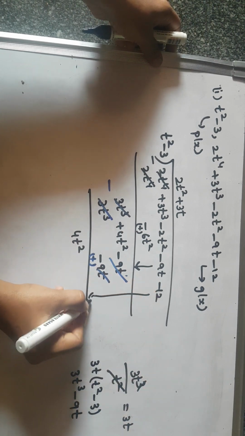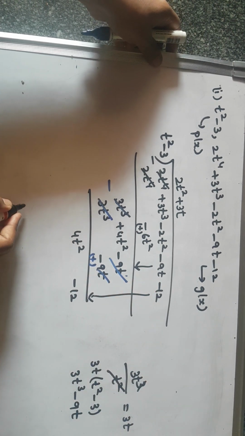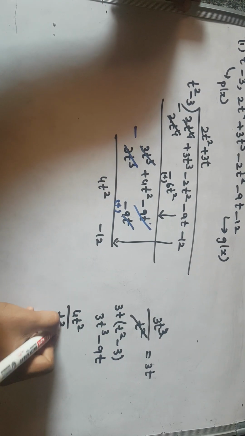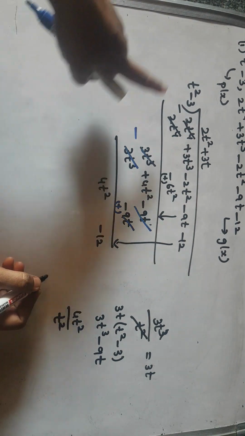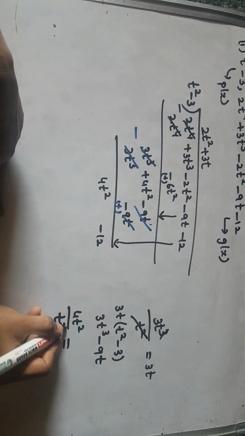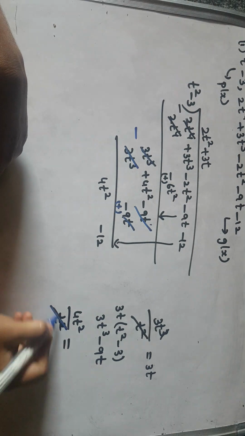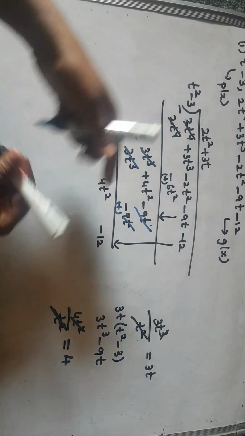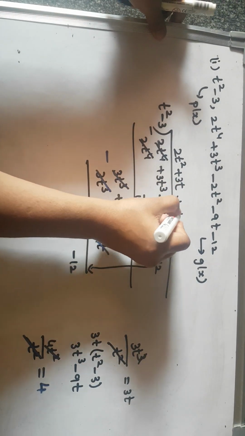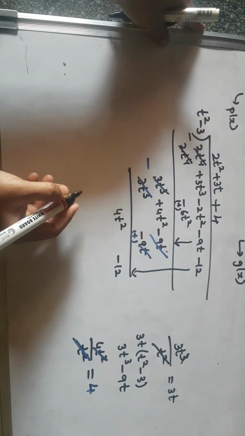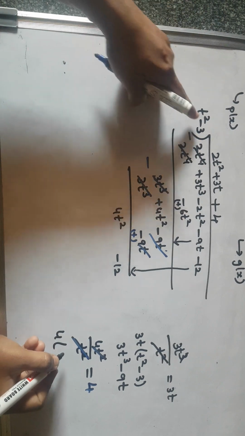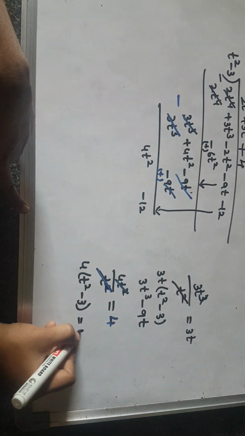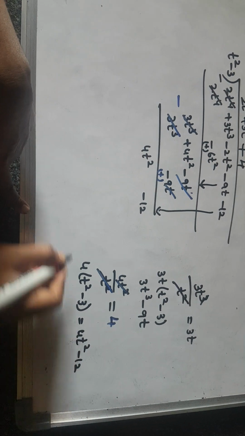Take minus 12 down, and again divide 4t square by t square, the first terms. This is the first term and this is also the first term, so this cancels out and the value becomes 4, so write plus 4 here. And 4 into t square minus 3 becomes 4t square minus 12.